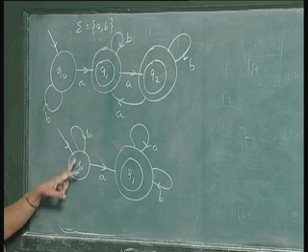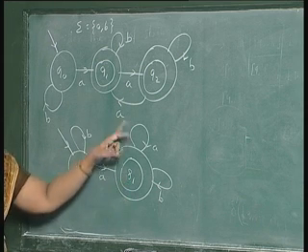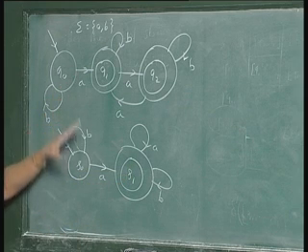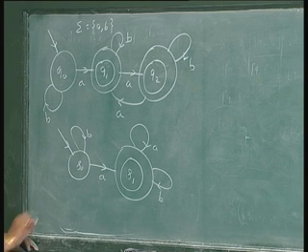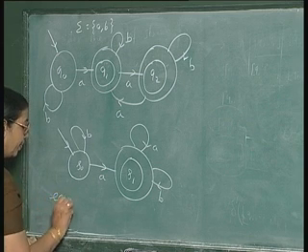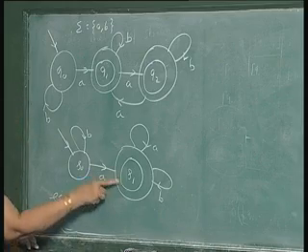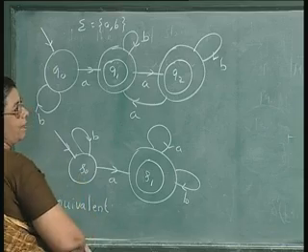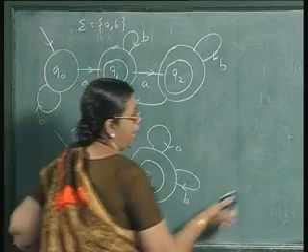Any string of B's will not be accepted, but if you get at least one A, you go here and you can read any other string afterwards. So these two automata are equivalent, they accept the same set of strings. This is a minimal state automaton, but this is not a minimum state automaton, because you can reduce the number of states.